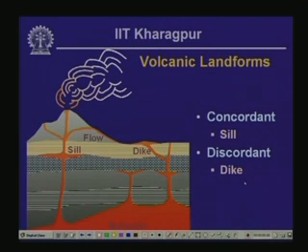Now, another type of volcanic landform which is not shown here is called a laccolith. Sometimes when magma forms a body like a sill, if the magma is under pressure, then it may lead to the bulging of the overlying rock.